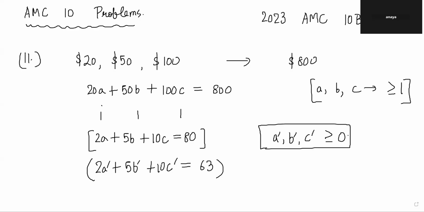Once we have done this, we want to give integers to each of these boxes, a dash, b dash, c dash, such that we can satisfy this whole situation.